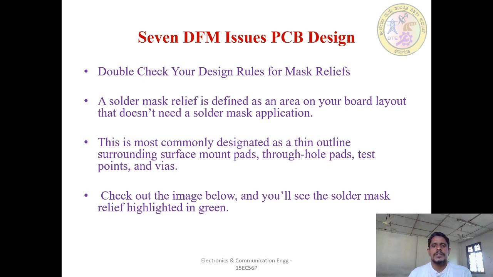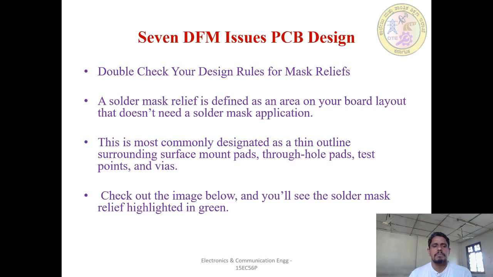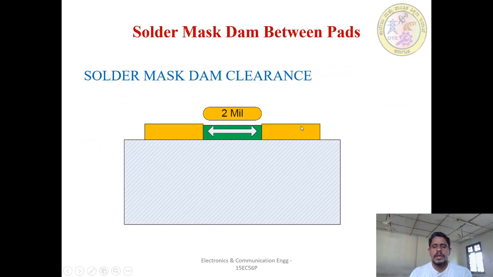7 DFM issues continued. Double check your PCB design rules for mask reliefs. Because of that, we are seeing this solder mask dam. A solder mask relief is defined as an area on your board layout that doesn't need a solder mask application. Actually, this area doesn't need solder mask.